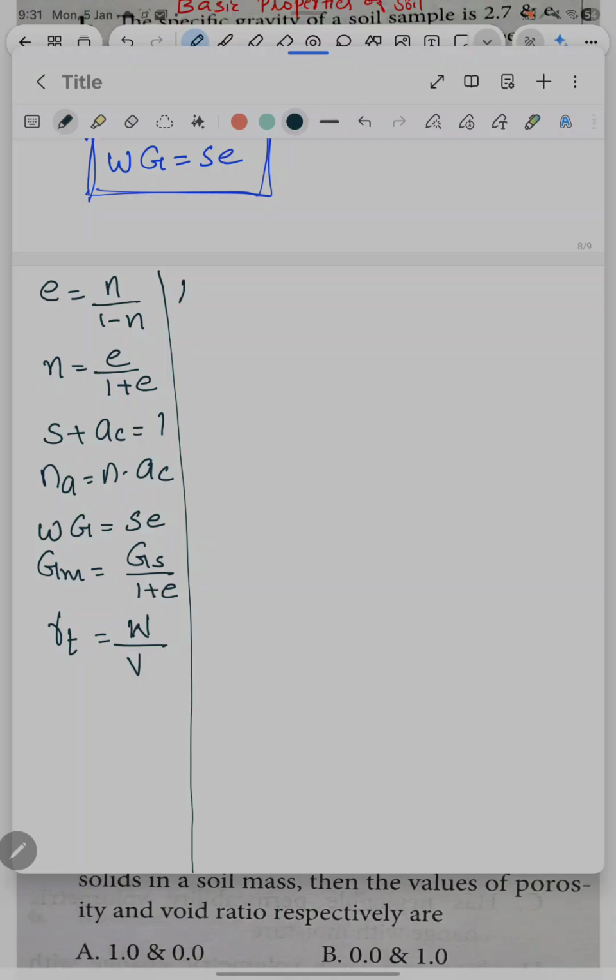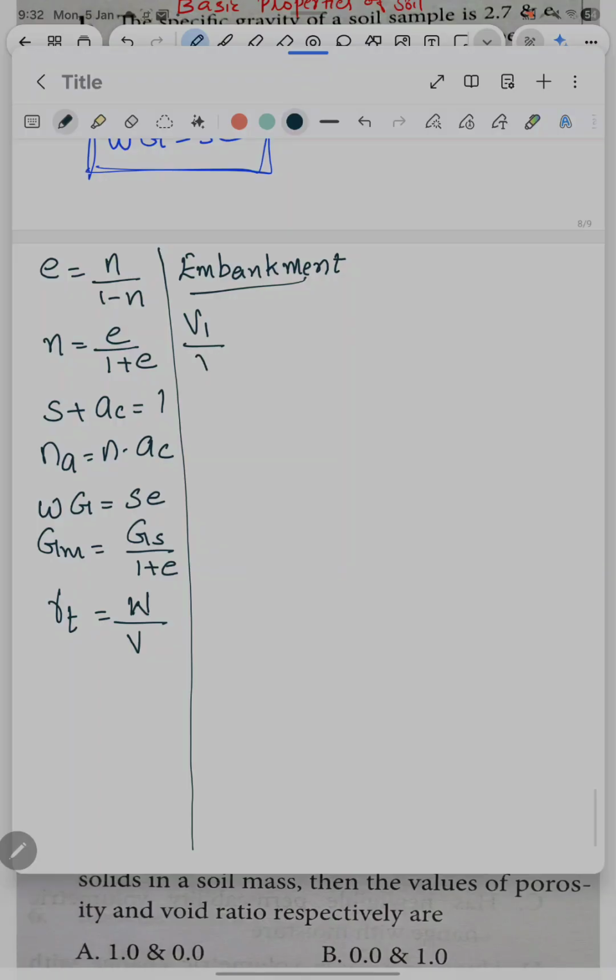In case of embankment, if in the question it is mentioned as embankment, or it is given the volume of soils and volume of voids as the initial void ratio, final void ratio, we can use the equation V1/V2 = (1 + e1)/(1 + e2) = γd2/γd1. γd is dry unit weight.